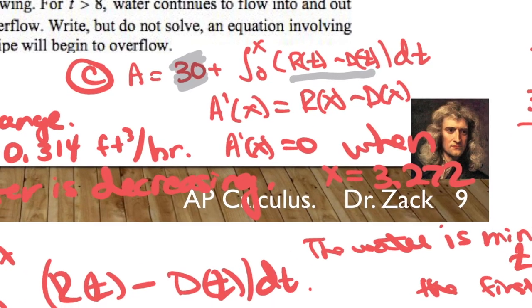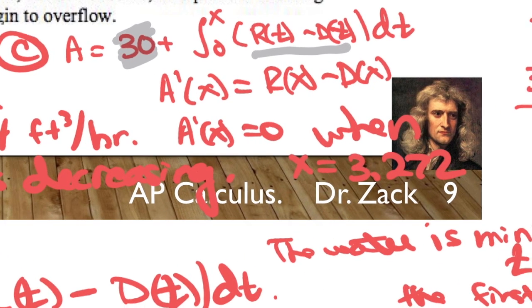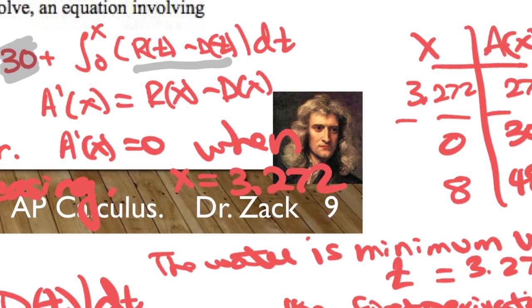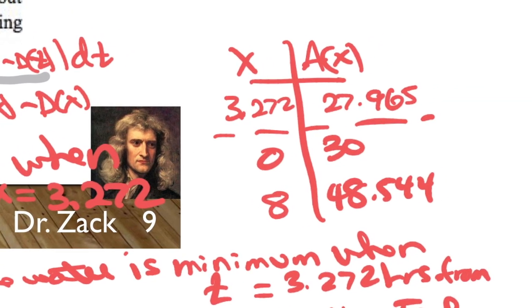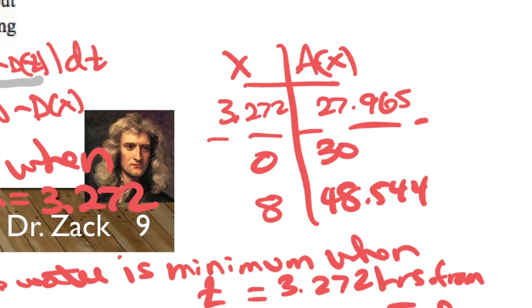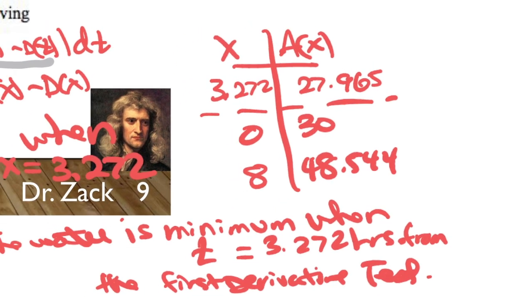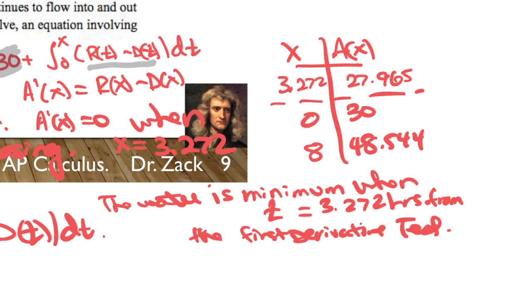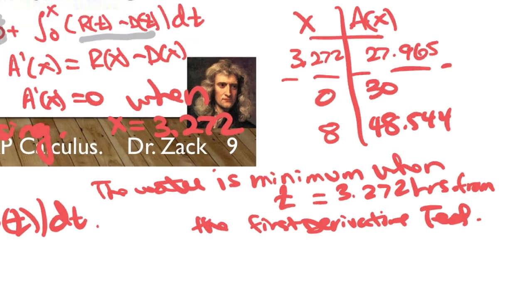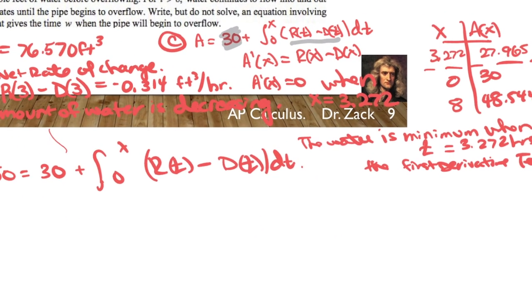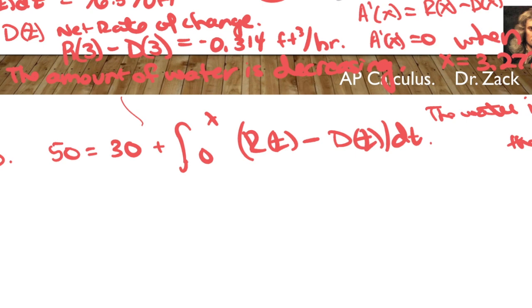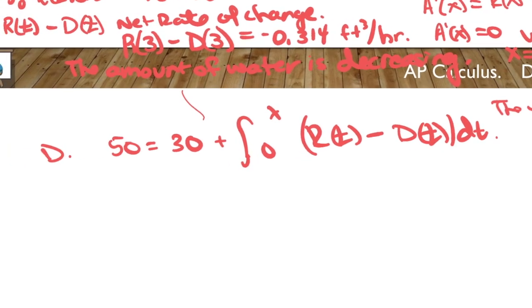Using the second fundamental theorem of calculus, you can figure out that A prime of x is equal to 0 when x equals 3.72. Now you are trying to prove that you have a minimum or a maximum. So we go back to how we worked on those related rates problems. Make a statement as to your answer, and then you're ready to set up question D, but not actually solve it.